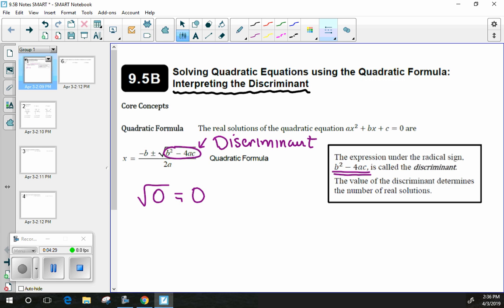In that case, you end up with 1 solution. Just 1 real solution. It still has a solution, but it's only 1. And in fact, it's kind of neat. If you look at the quadratic formula, if this whole thing just zeroes out and goes away, does anybody recognize this little guy here that's left? All of that goes away. What are we left there with?